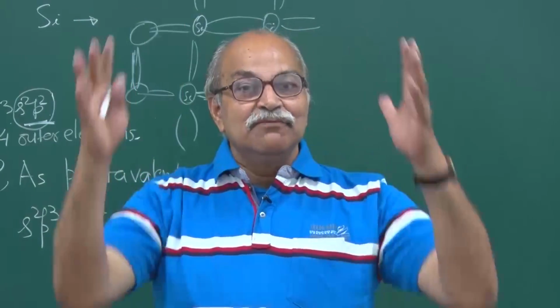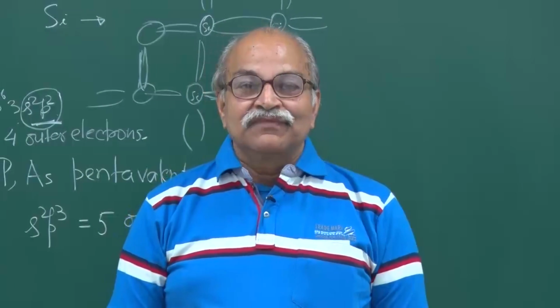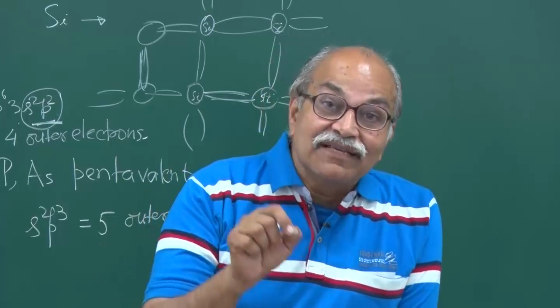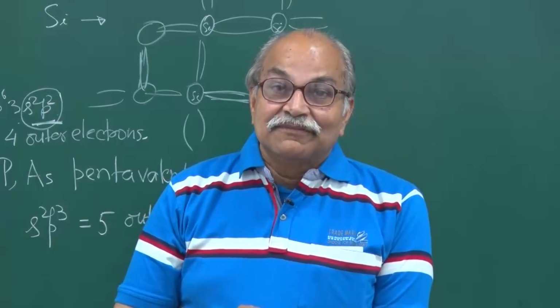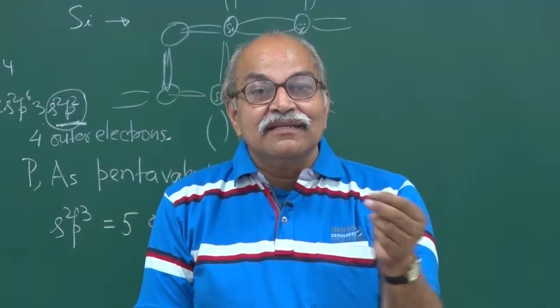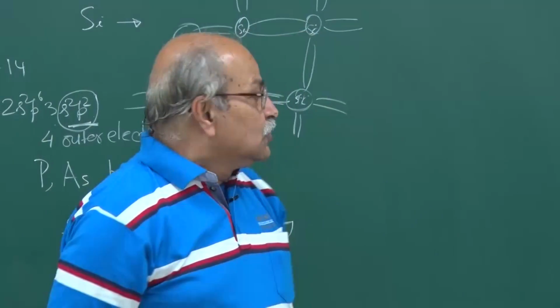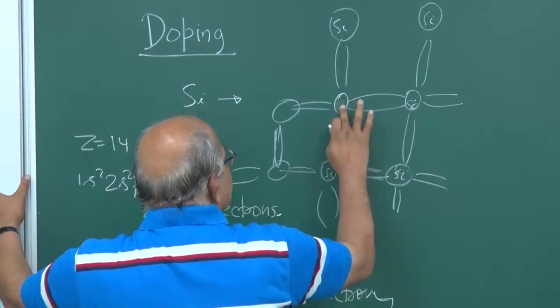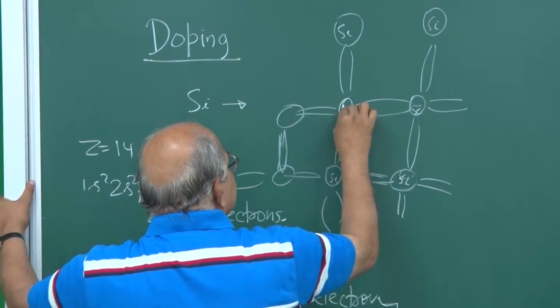We have the same structure of silicon, and some of the silicon atoms are replaced by these arsenic atoms. That is known as doping. We have doped arsenic into silicon. Suppose a particular silicon is now replaced by arsenic.